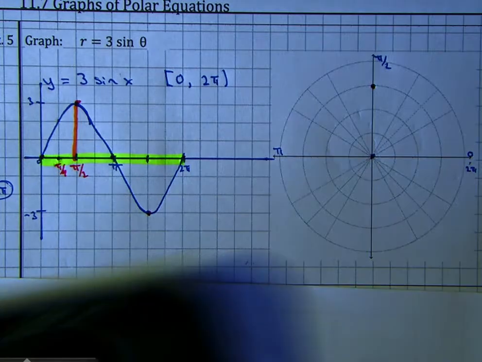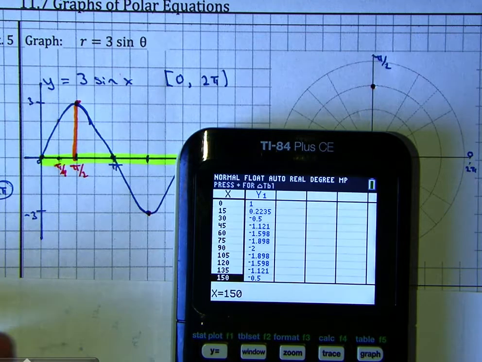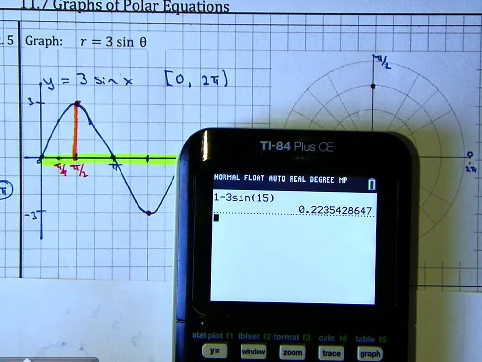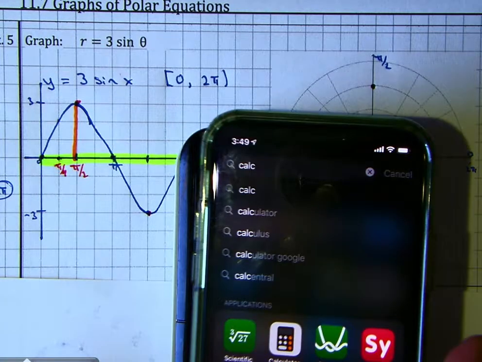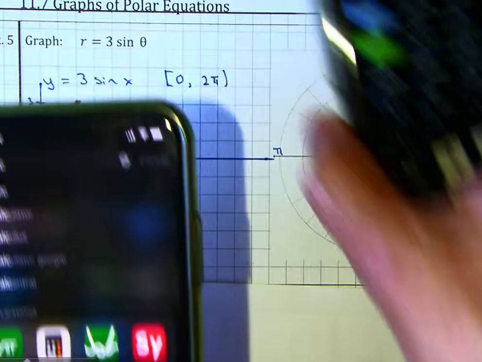So I'm going to use my calculator. And if you don't have a calculator with you, you can also use your decimals. Desmos has a nice calculator that you guys can use for this.